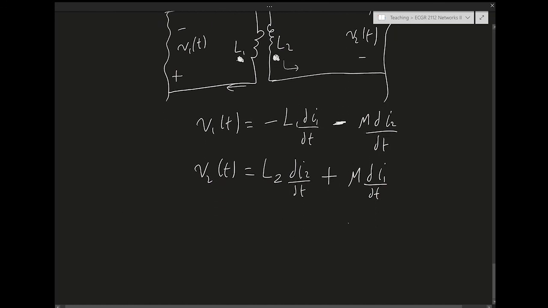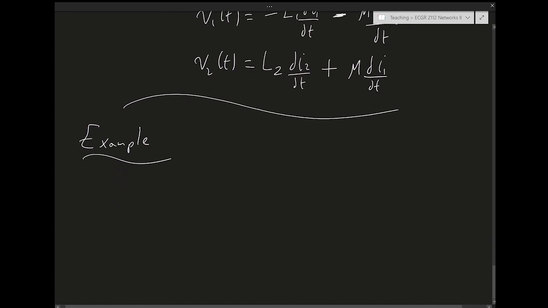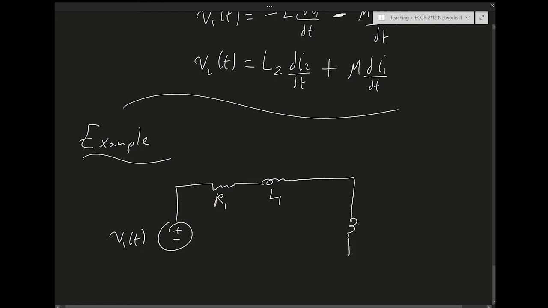Let's do another example. The example is to write the mesh equations for this circuit. So we have this circuit, V1(t), then I have R1, then I have L1, and then I have L2, and then I have R2.